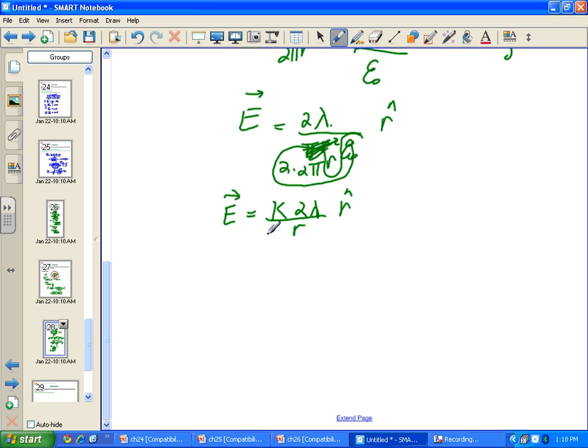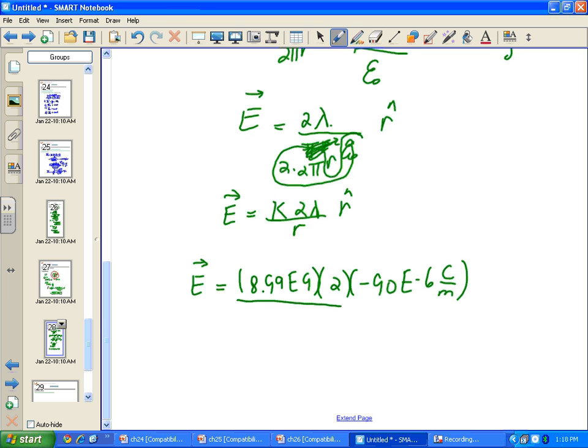And that will just save us a little bit of work in terms of entering our numbers. k is 8.99 e to the 9 times 2 times negative 90 e to the minus 6 coulombs per meter, divided by 0.1 meter, and of course this will be the r hat direction, and we get a value of electric field minus 1.62 e to the 7 r hat direction Newton per coulomb.